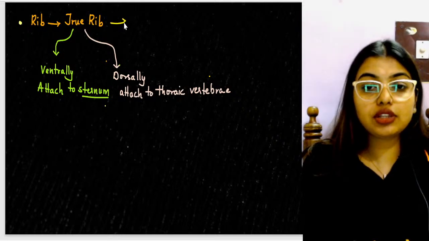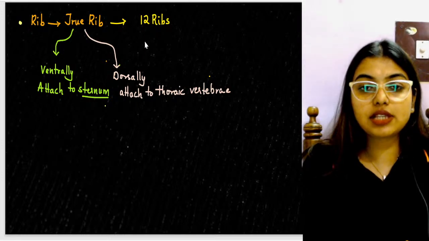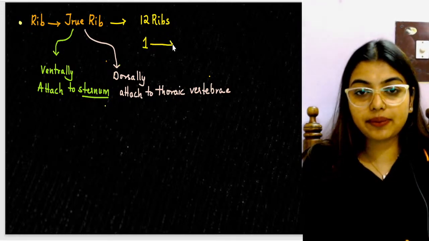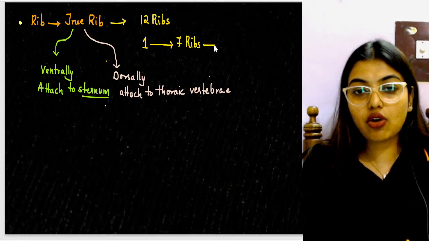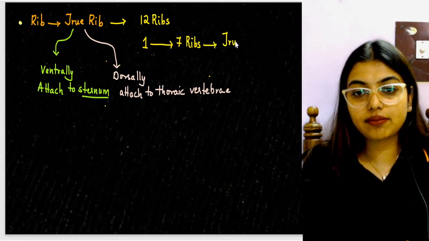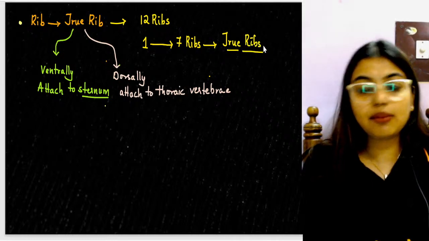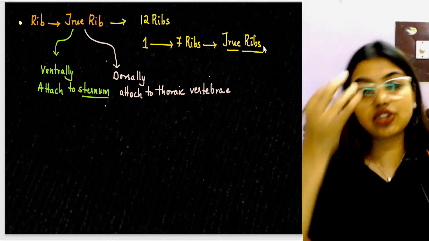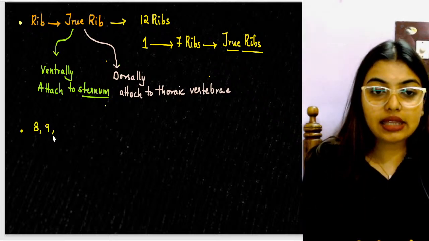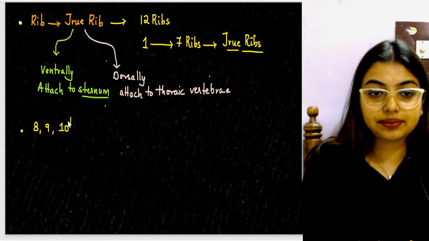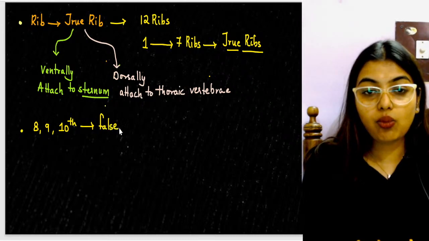So out of the 12 ribs, students, 1 to 7 ribs are called the true ribs. Why? Because they are attaching dorsally and ventrally correctly. Now 8th, 9th and 10th are called false ribs. Why?